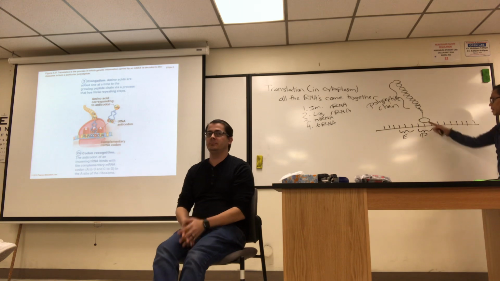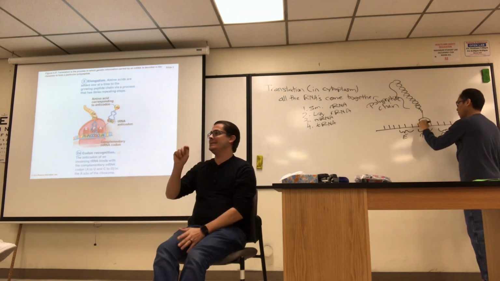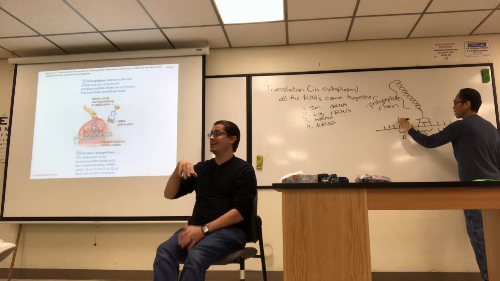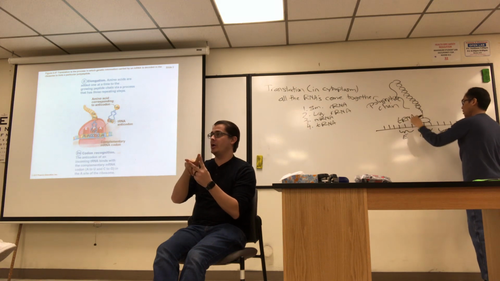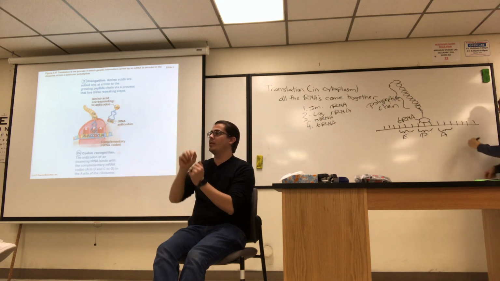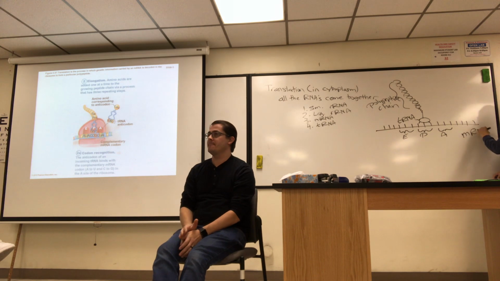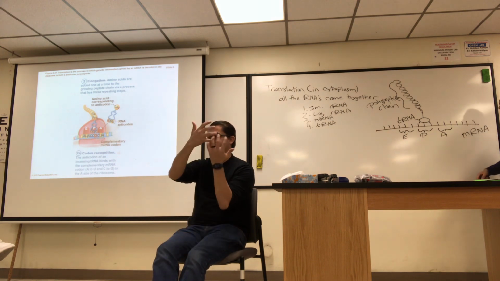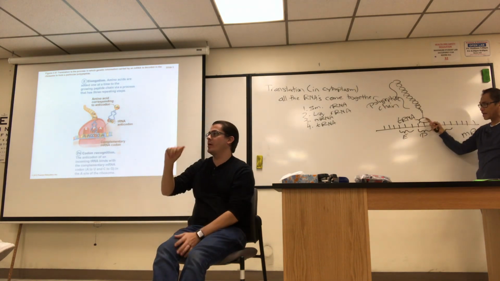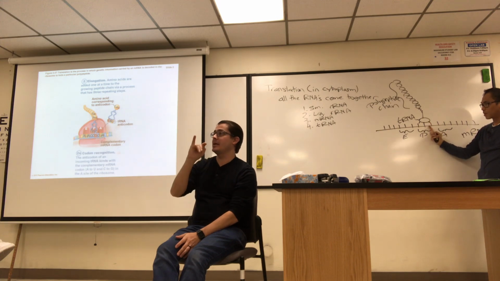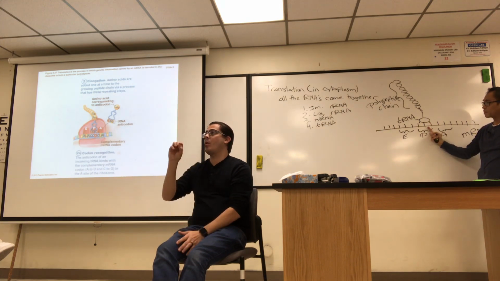So the tRNA is base pairing with my mRNA. The tRNA has the anticodon. The codon is what I'm reading here.